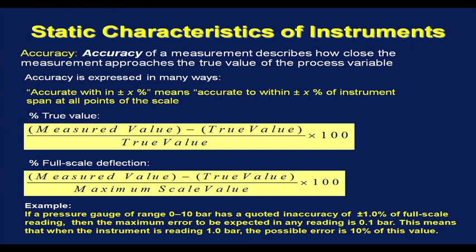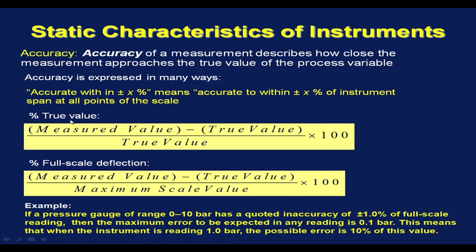Accuracy. Accuracy of a measurement describes how close the measurement approaches the true value of the process variable. Accuracy can be expressed in many ways. When you say accurate within plus minus x%, we mean accurate to within plus minus x% of instrument span at all points of the scale.